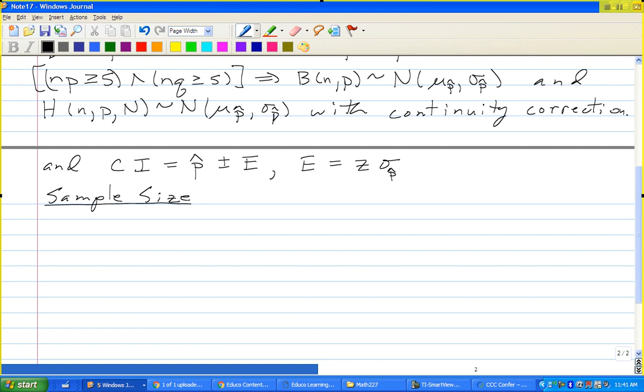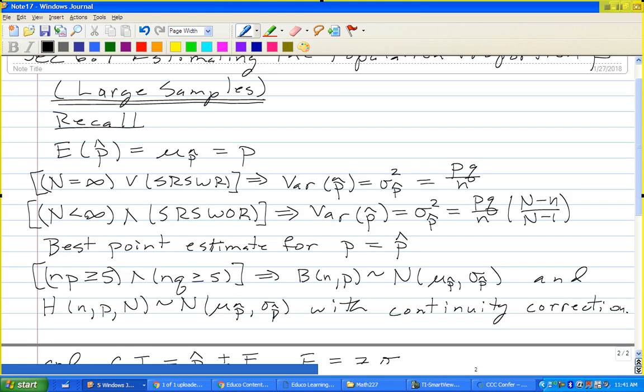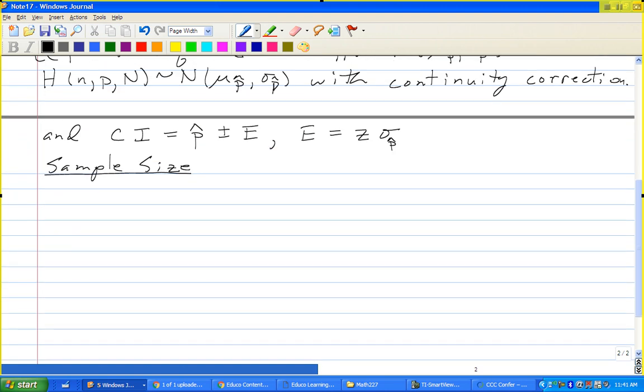By the above formula, you can calculate the sample size.